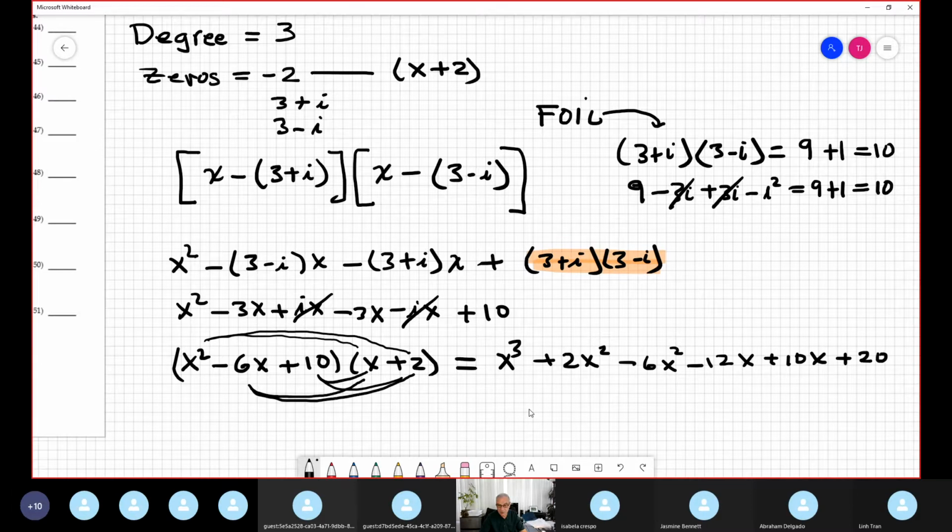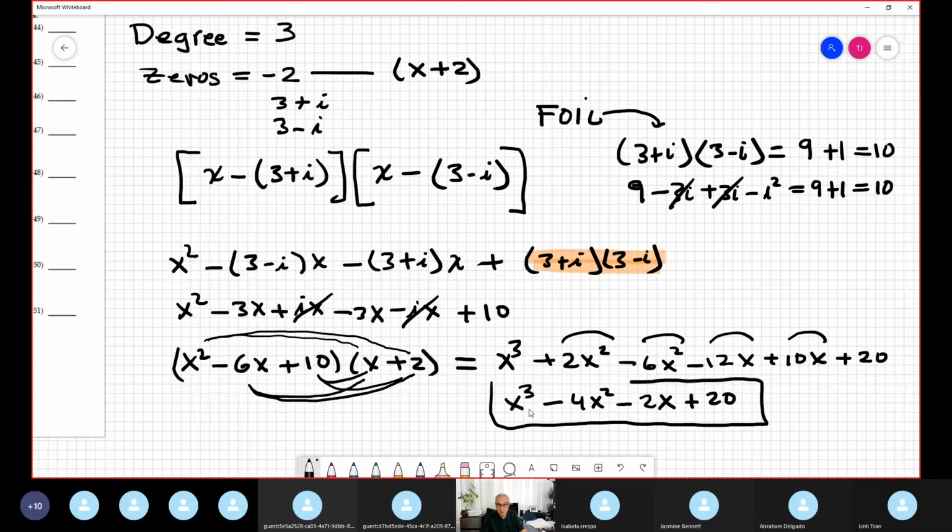And the rest is just combining like terms. x cubed stays alone. This and this together is negative 4. And this together is negative 2x plus 20. In the end, this is my final answer.